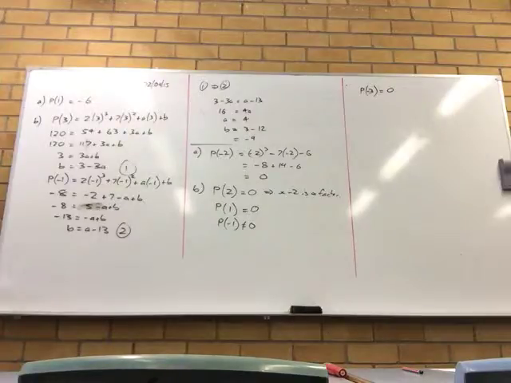Give me a minute and I'll make my next point. Yeah, it's 3 and 1, multiply to give 3, add to give 4.